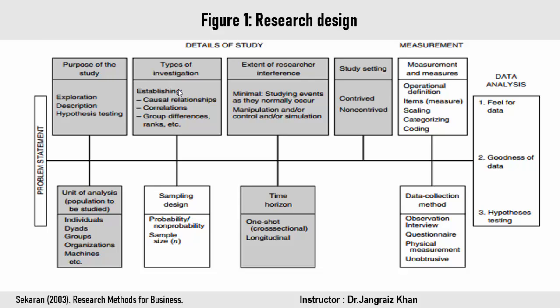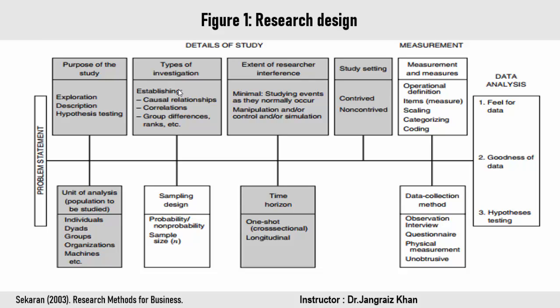So you specify your type of investigation, and you also define the sampling design. You finalize your sampling design, whether you are going to use probability or non-probability sampling, and what will be your sample size. Similarly, the research design clarifies the extent of researcher interference, whether it will be a field study or it will be a controlled study.